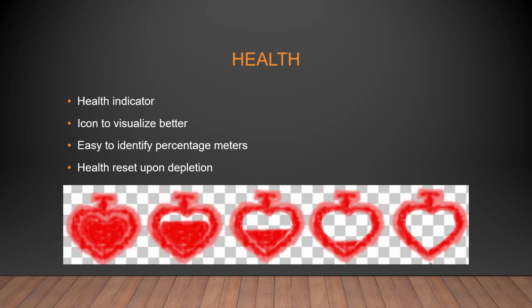For players, it's easier to identify the percentage meters by just glancing through or scanning through it. And when the health completely depletes, it will reset the whole health as the player will spawn upon death.